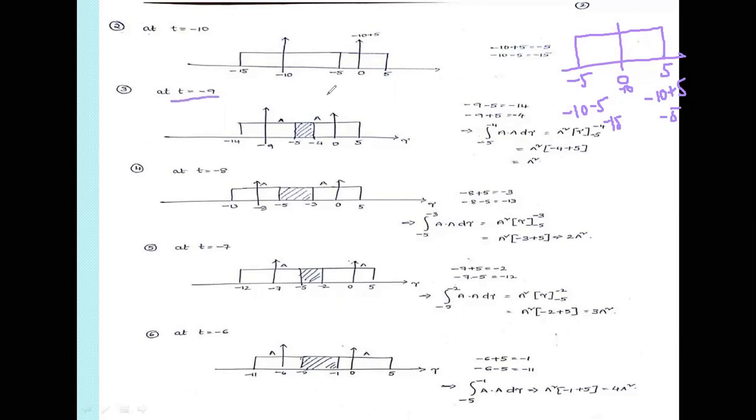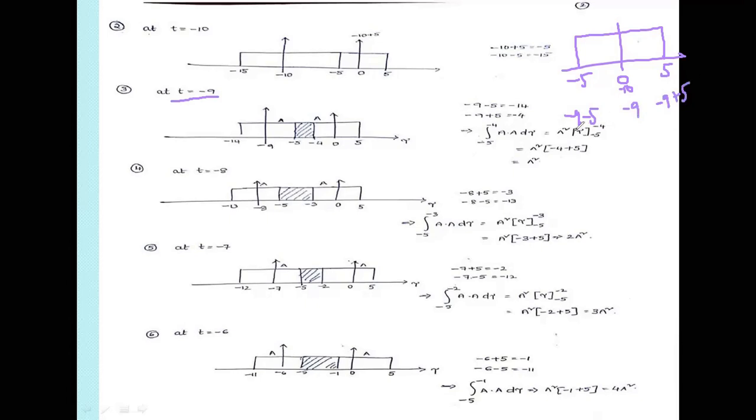Now you can take t equal to minus 9 for this same function. Now it becomes minus 9 minus 5, and here it is minus 9 and minus 9 plus 5.